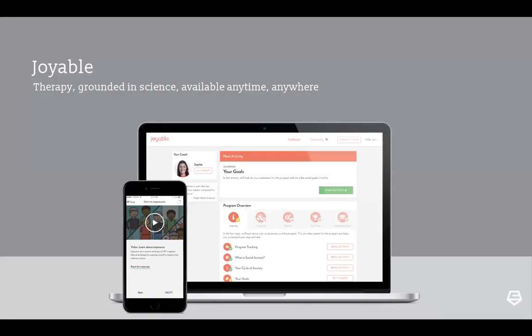So Carbon 5 used this method particularly in a project we did with a company called Joyable, which does online therapy. And we were testing onboarding flows and how to get people signed in and engaged with the mental health program they were going to do.